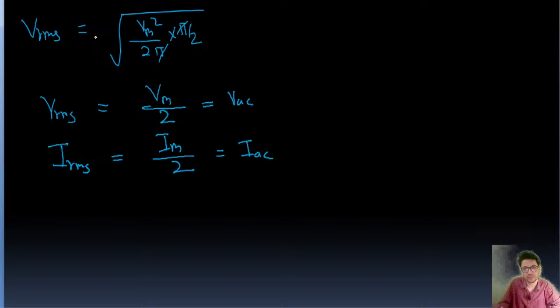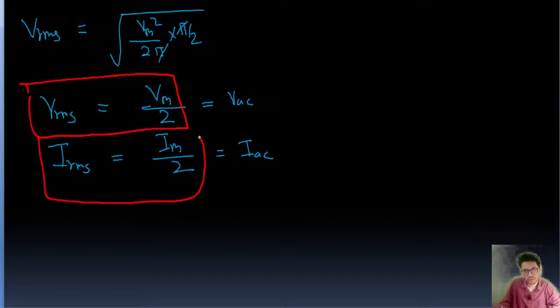So VRMS is this one. We need to note this down. IRMS equals Im by 2, and this is the voltage and current of AC. Important thing.